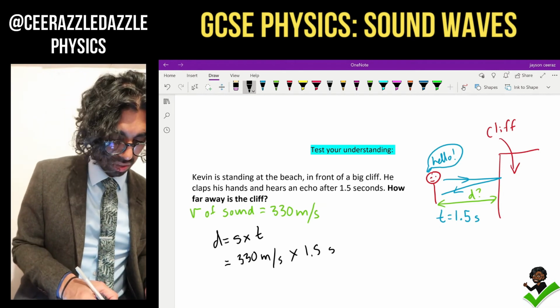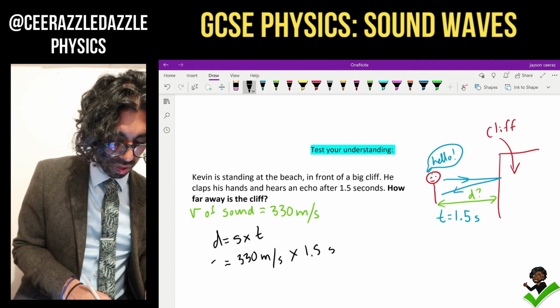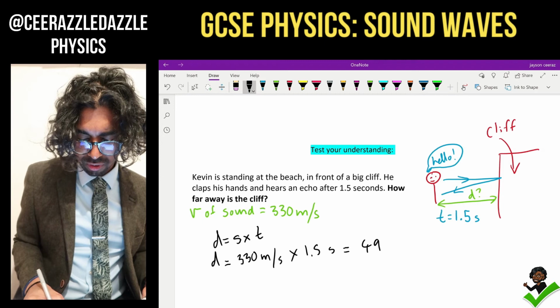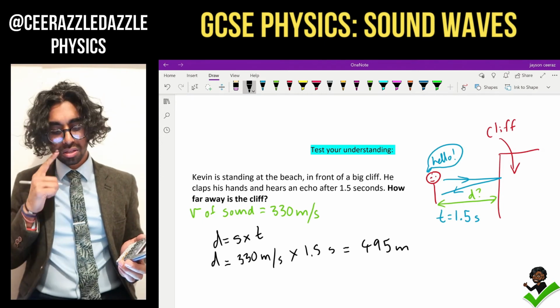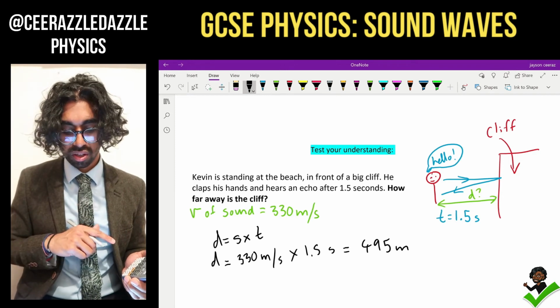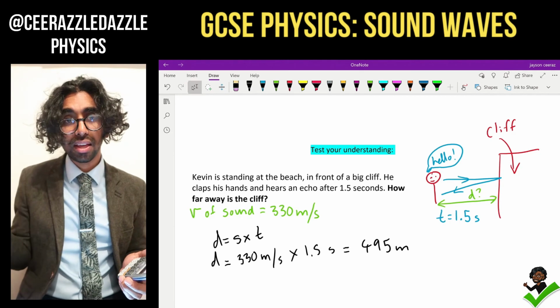So the distance is going to be 495 meters. Is that the answer? Is that the actual distance, or is that the total distance? That is the total distance because we've worked out the time going there and back again.